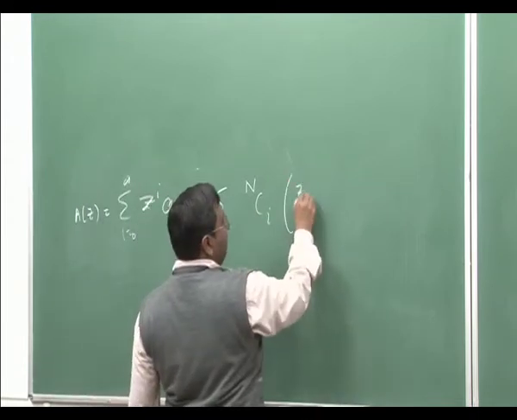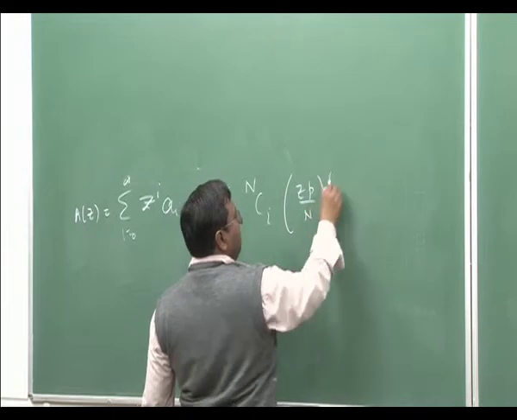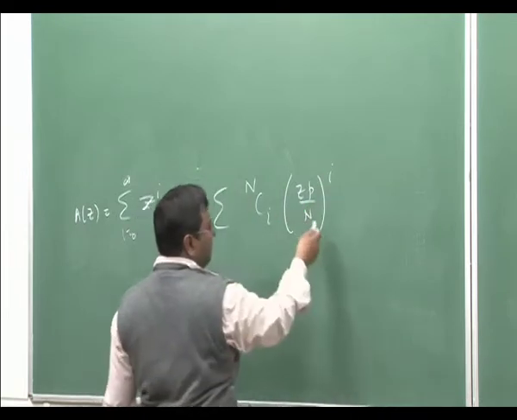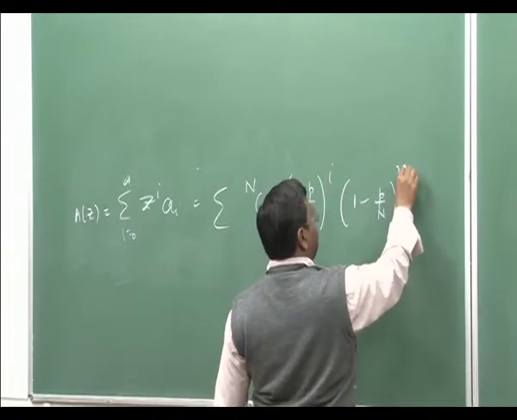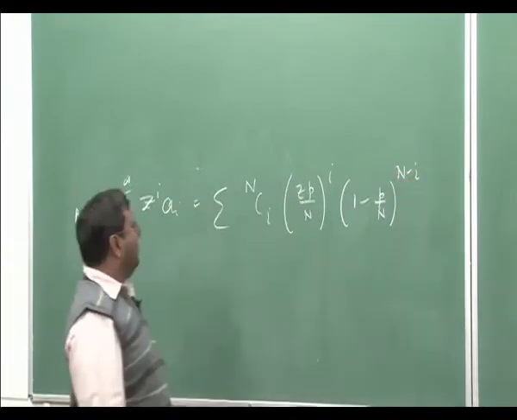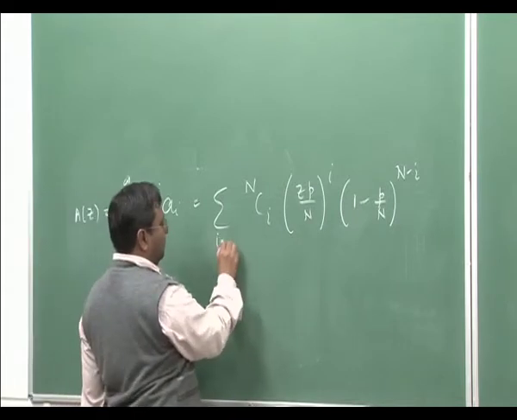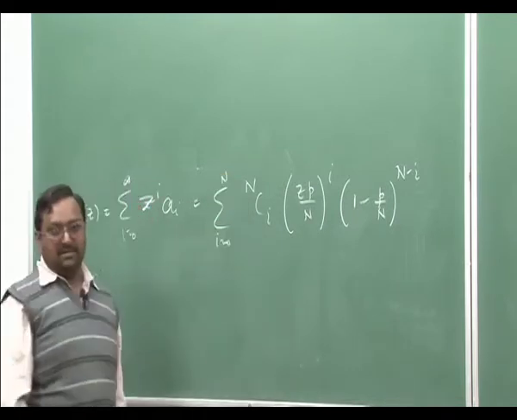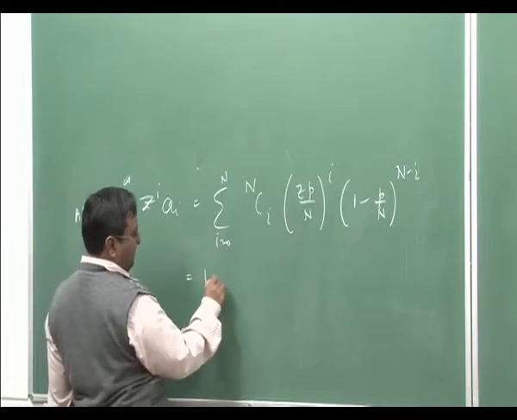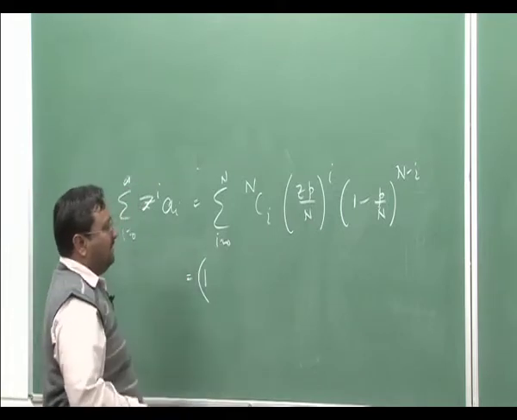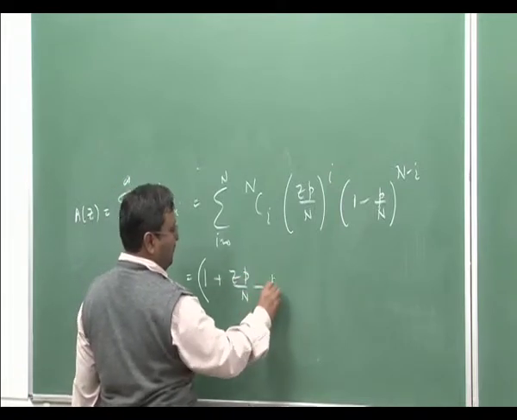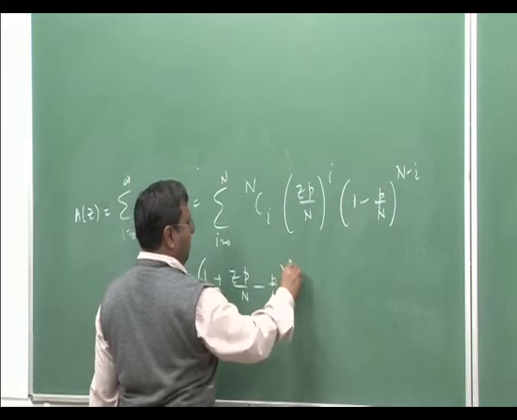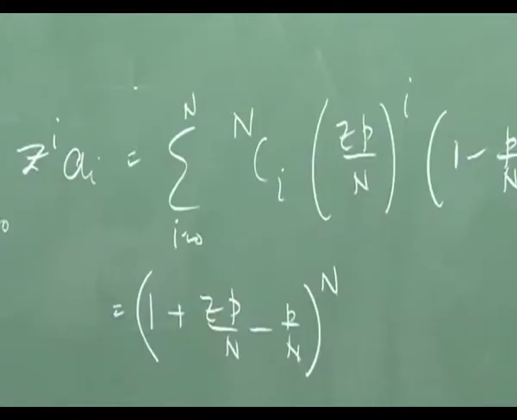So this will be z P by n, I have just included z inside, and this is a complete binomial going from i equal to 0 to n because there are no other possibilities. So I can write this. Okay, this is what will be the Z transform.